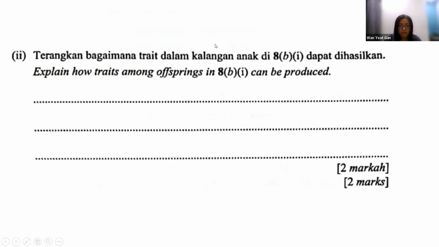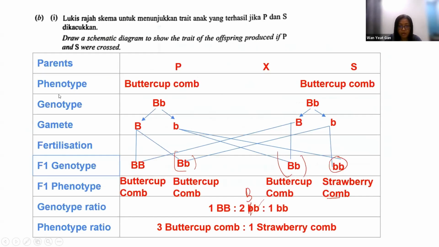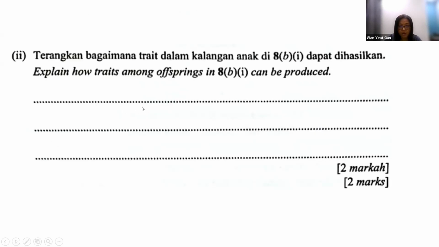Okay, let's look at the question. Explain how the trait among offspring in 8D1 can be produced. So how this one can be produced. Now, allele B is always mentioned as the dominant one. Allele B is dominant to allele b.